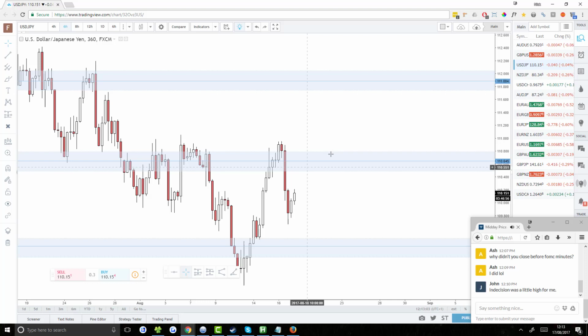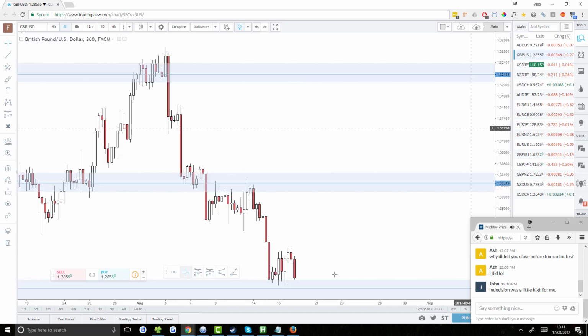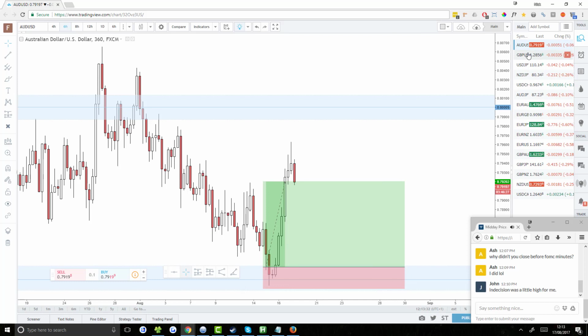So yeah, did anyone enter this one, the USDJPY short? No? Alright, cool. Pretty much as I expected. I don't think this one was worth entering, and I'm glad you guys didn't think so either. Ash, I got no idea why you would have entered GBPUSD but skipped AUDUSD.